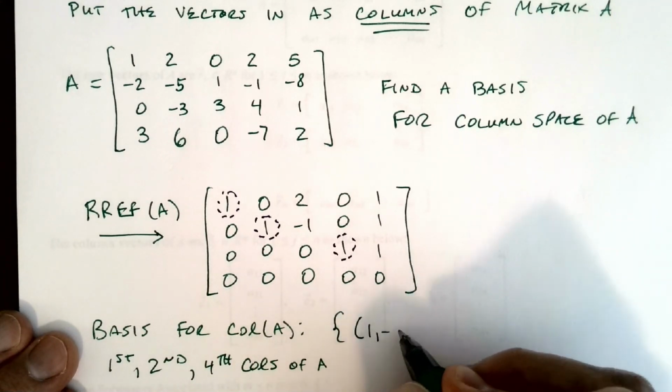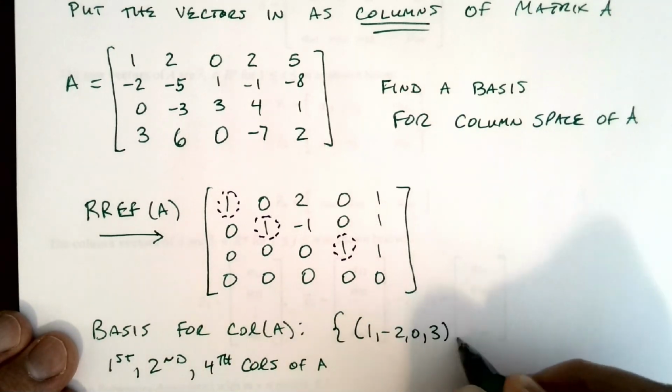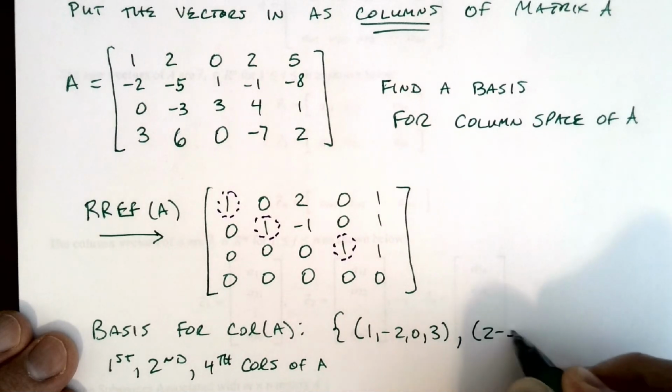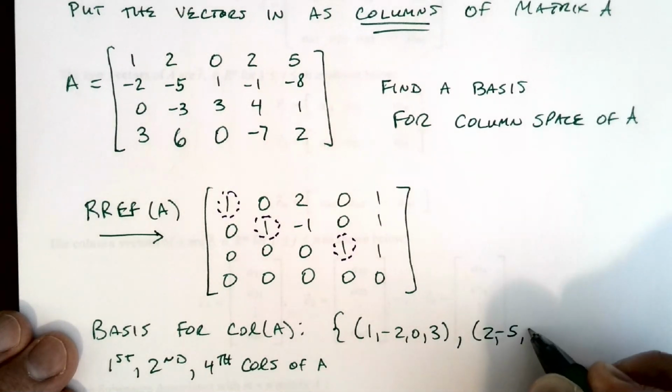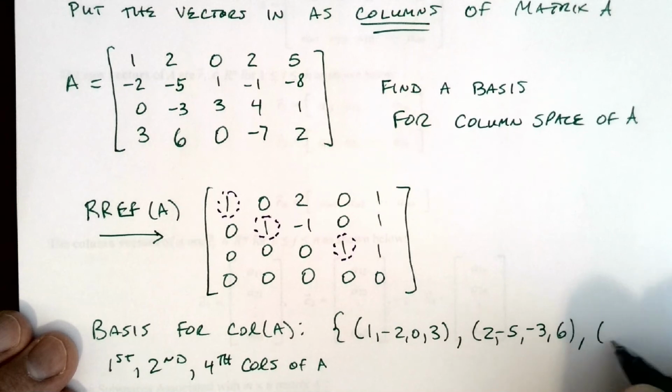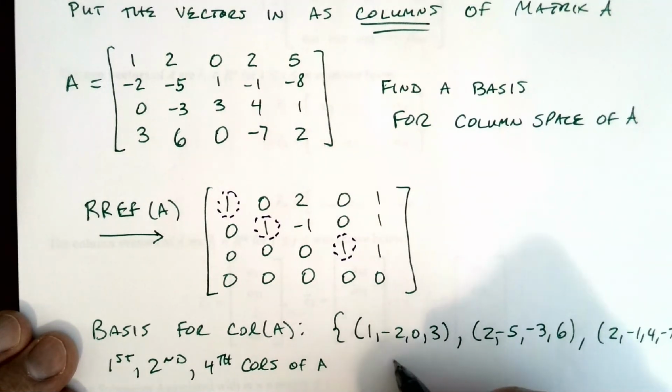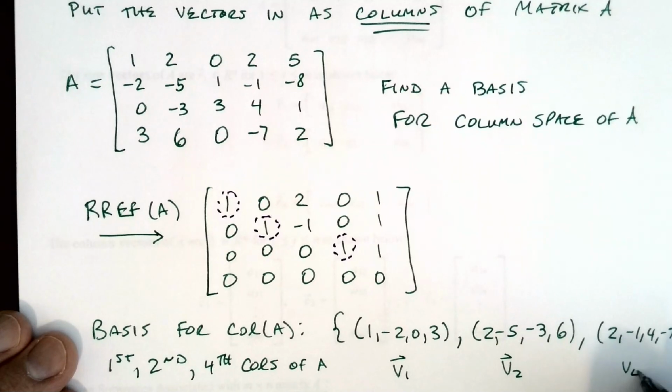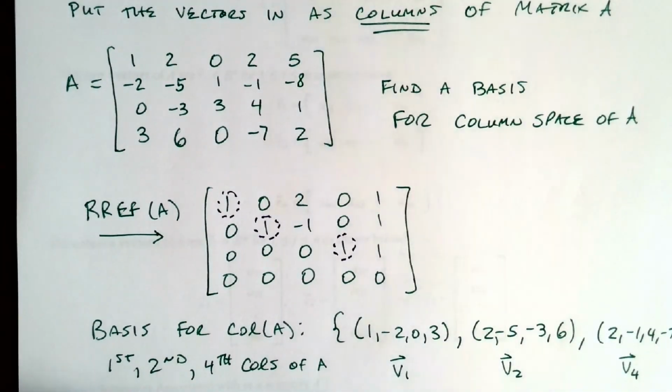So 1, negative 2, 0, 3, 2, negative 5, negative 3, 6, and 2, negative 1, 4, negative 7. Right? And this is V1, this is V2, and this was V4 from the original set. So guess what? The space spanned by those 5 vectors that we were given is the same as the space spanned by the column space of A. So it's the same vector space.